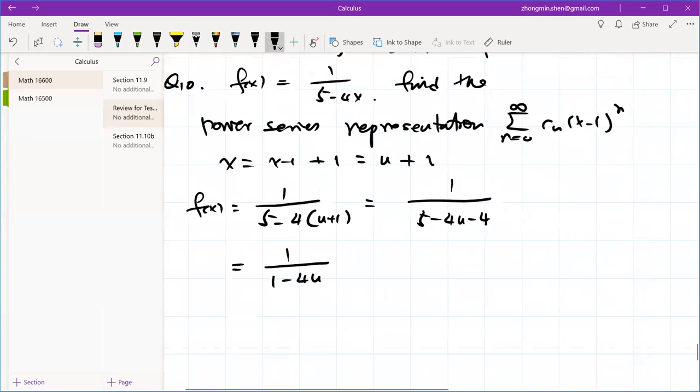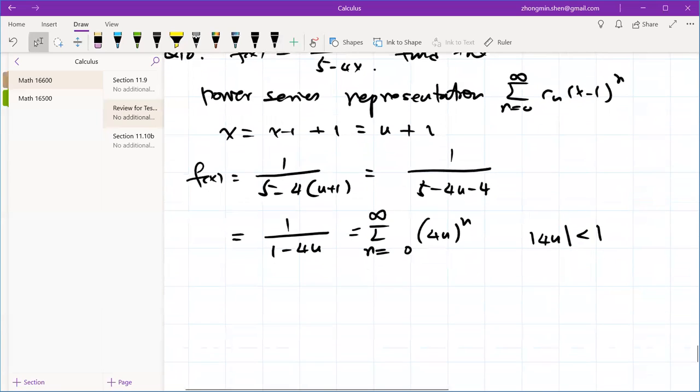And I know there's another formula in the book, and this should be equal to the sum starting from 0, not negative, just (4u) to the power n. And this holds when absolute 4u is less than 1. Then finally, it's going to be 4 to the n, u to the n, and here the radius will be 1/4.